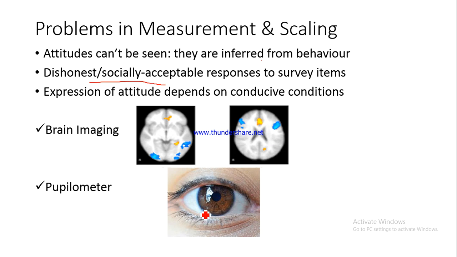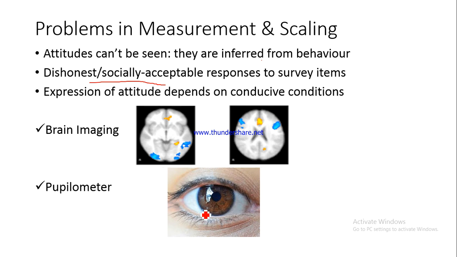Again, I'll show him different products, different brands, and then I'll measure the pupil size using the pupilometer. Wherever the pupilometer shows the pupil size to have increased, I can understand that that particular brand is what excites the subject, and probably that is the brand towards which this particular subject has a favorable attitude.